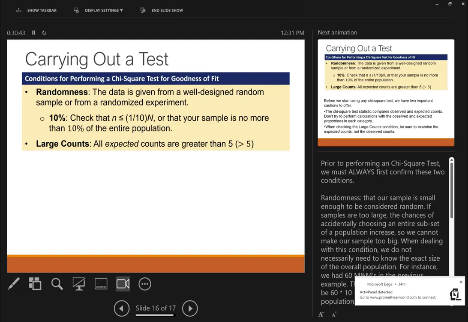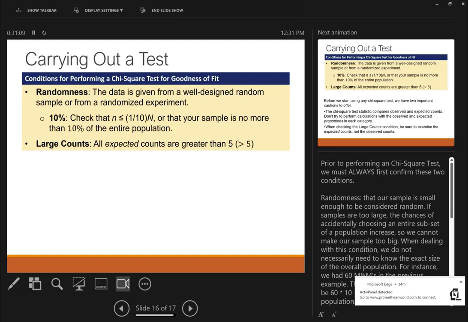So we'll assume, drawing from the bag of M&Ms, that the M&M Corporation stirred those M&Ms enough to where they're all mixed together randomly. Probably a fair expectation. And then the second part of the randomness condition is that your sample contains less than or equal to 10% of the total population.